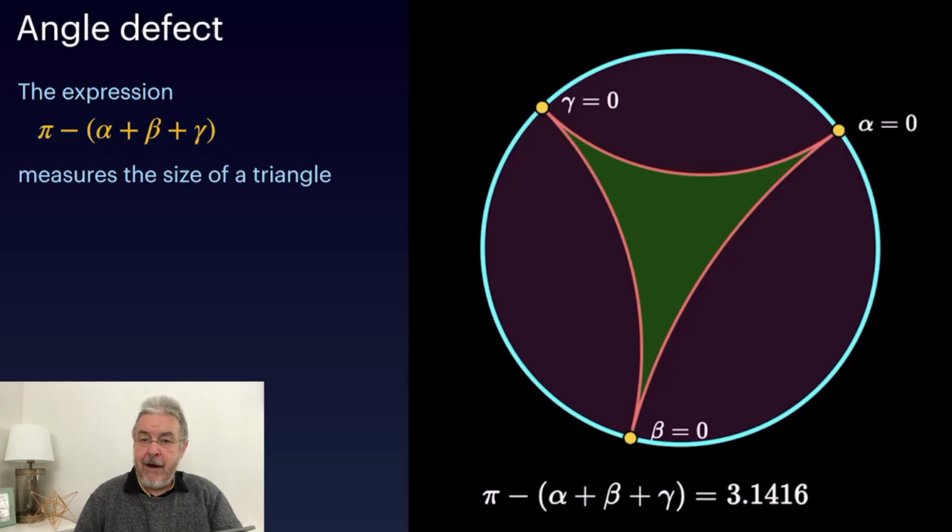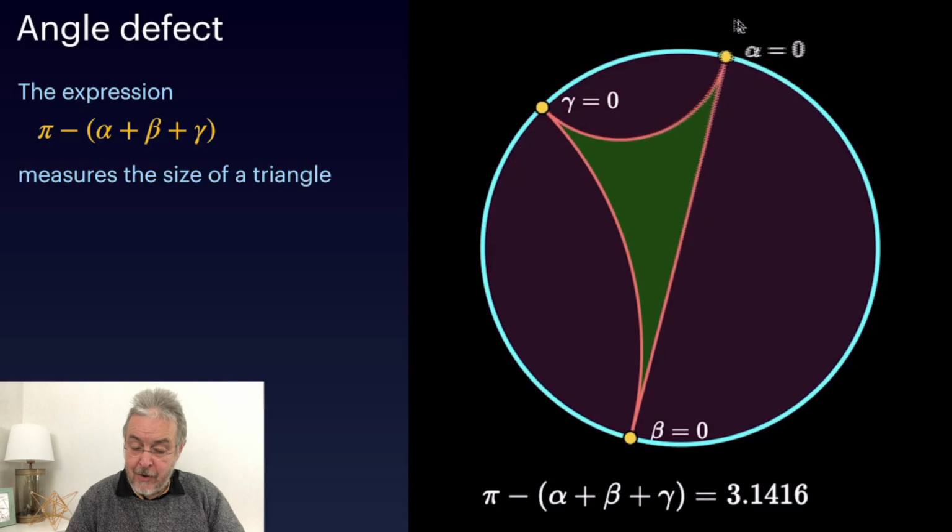So the area of a triangle is somehow biggest in that case and smallest in the case where your points are very close. And if you look at the angle defect, it's biggest in that case and smallest if the points are close together. So it seems to make sense.